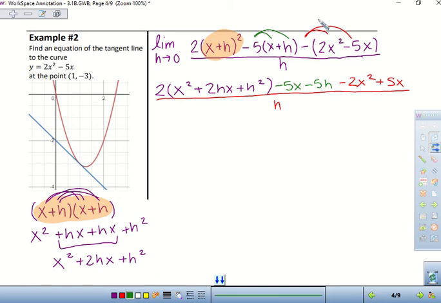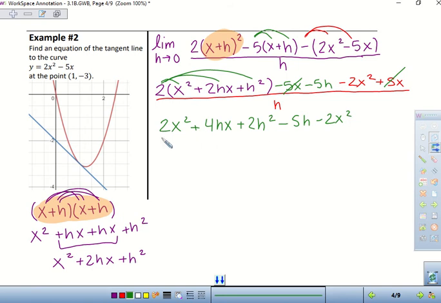Now, before we do the multiplication, you're going to notice that some of these cancel out. Do you see how these are already going to cancel right here? So we can cancel those out, and then we can distribute again. This is just a bunch of algebra, really. So we distribute again, and then we have that minus 5h minus the 2x squared all over h.